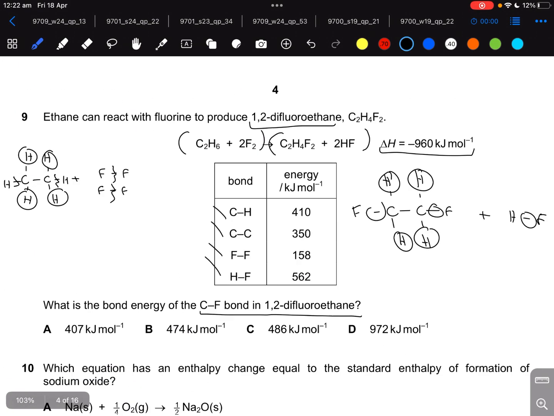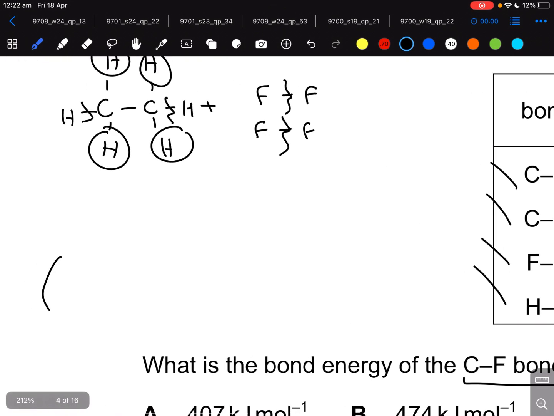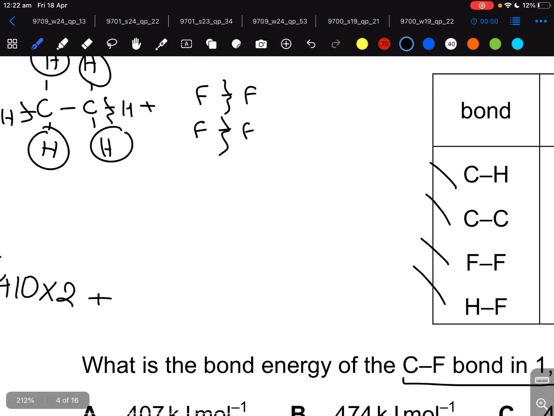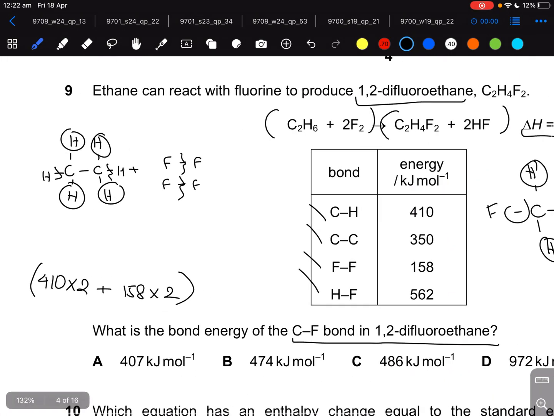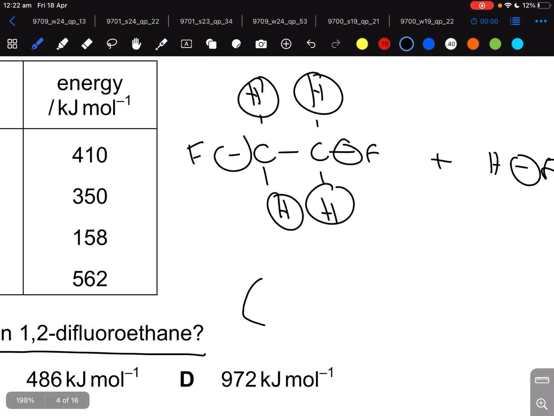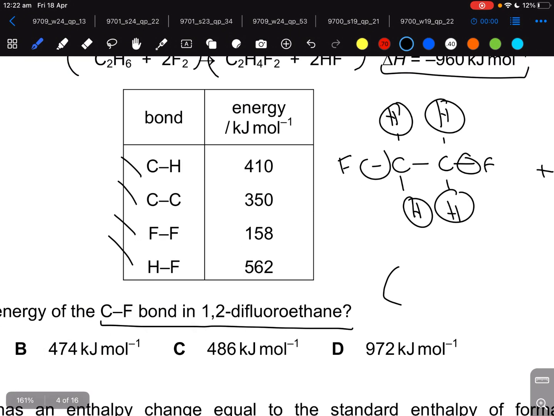So let's form an equation here. You're breaking 2 C-H bonds. Let's see the bond energy for it. There are 2 of them, plus the F-F, 158 multiplied by 2. So now these are the bond breaking. The bond formation, now you're forming C-F bonds, which is what we're trying to find.